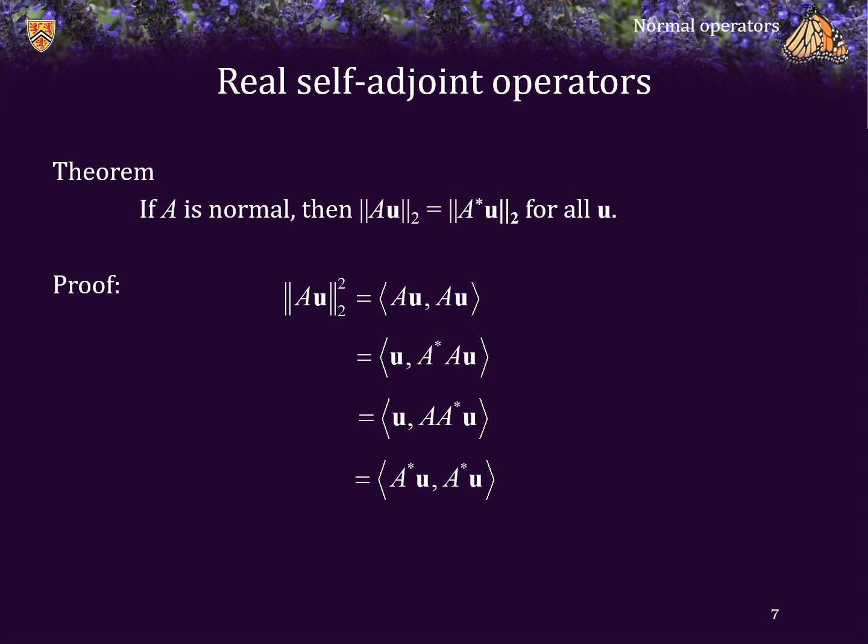But this is just the inner product of the adjoint of A and itself. So this is the 2 norm squared of the adjoint of A times U. Therefore, taking the square root of both sides, we see that the 2 norm of A applied to U is equal to the 2 norm of the adjoint of A applied to U.